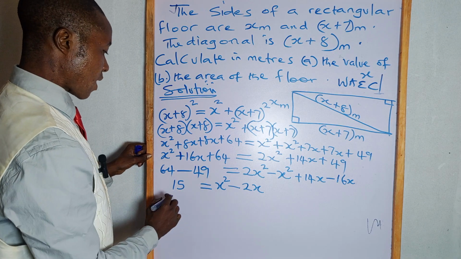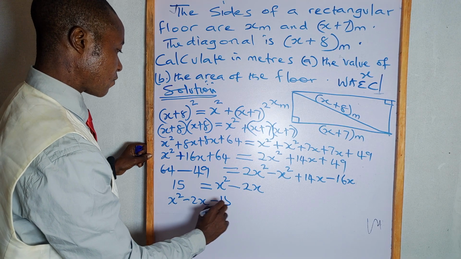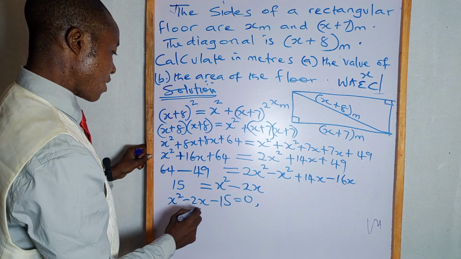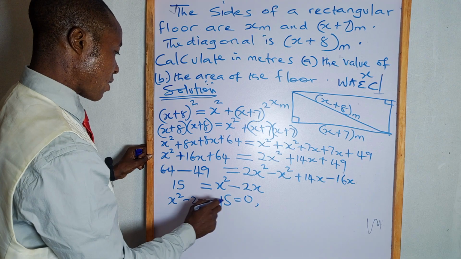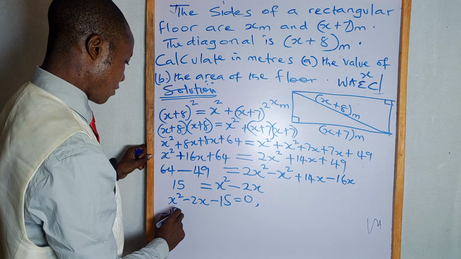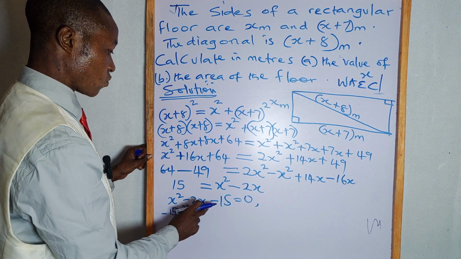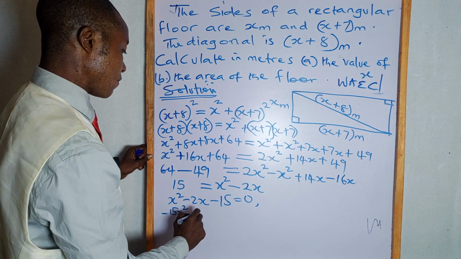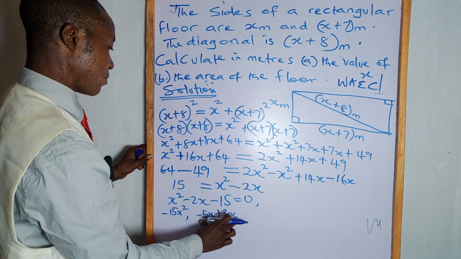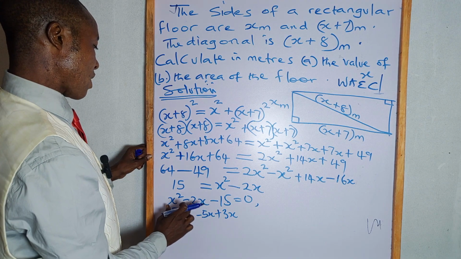So let's reorganize this, and when you do that, we have x squared minus 2x minus 15 equal to 0. We can solve this one quadratically. The first term and the last term give us minus 15x squared. The two terms that we can add together to give us this are minus 5x plus 3x. When you multiply them together, they give you minus 15x squared, and when you add them together, they give you minus 2x.